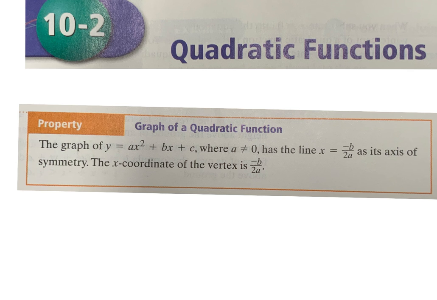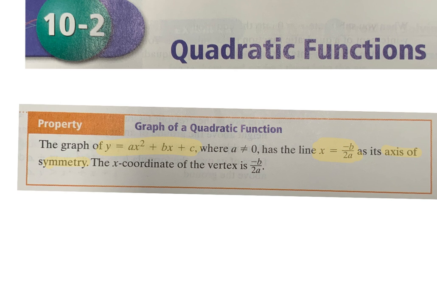So the first thing they introduced here is how this standard form relates to the other things in my particular function and in my graph. And so they've given us this in standard form, y equals ax squared plus bx plus c. And they are telling us that the axis of symmetry for this particular graph is going to happen at negative b over 2a.